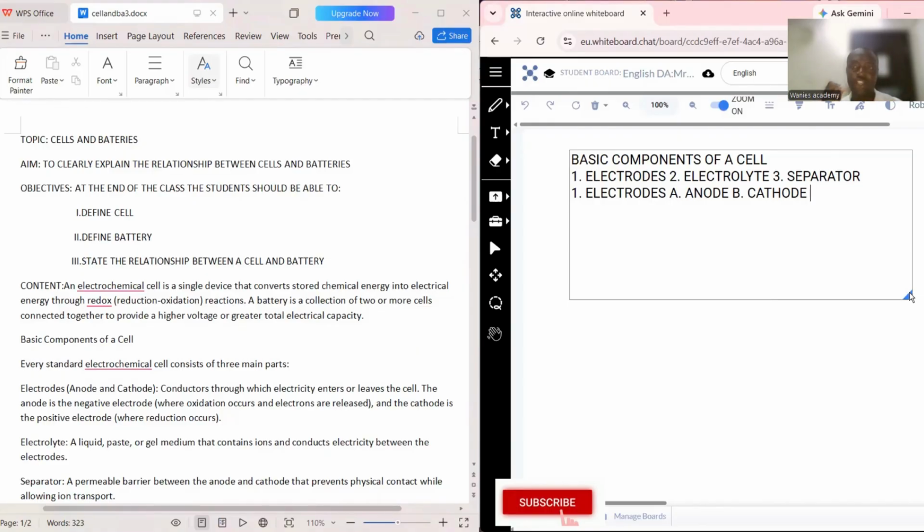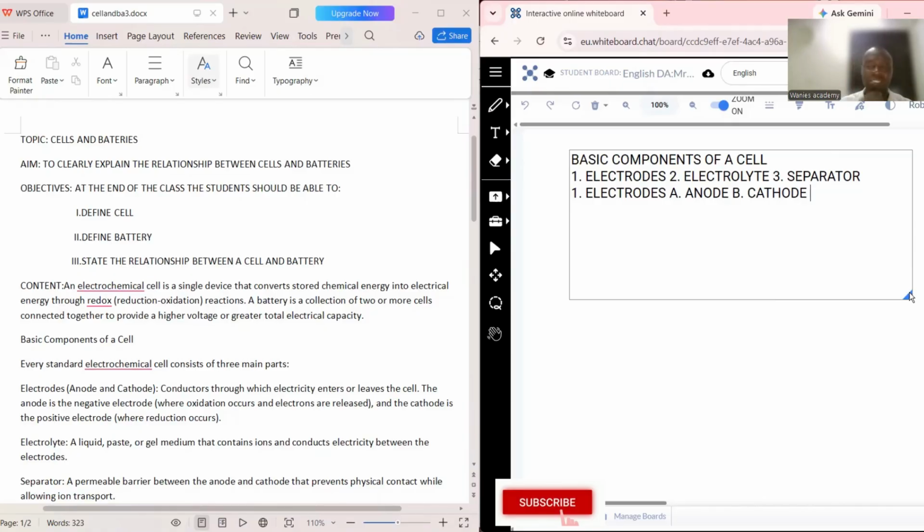If the cell is used to power a device, that means it's discharging, the anode functions as a negative electrode. Oxidation, of course, occurs, and electrons are therefore released, making the anode negatively charged.